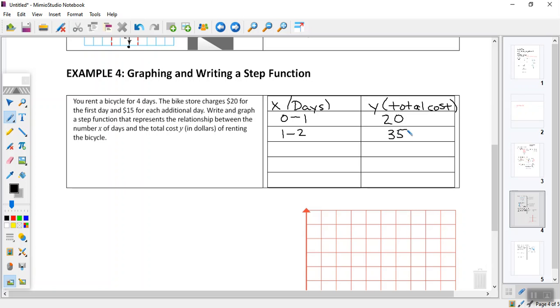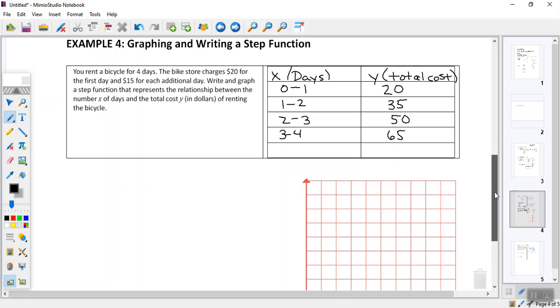Then day 2 to 3 comes. How much more on top of that? Well, we're up to a total of how much now? And then finally, day 3 to day 4. What's this going to look like? $65.